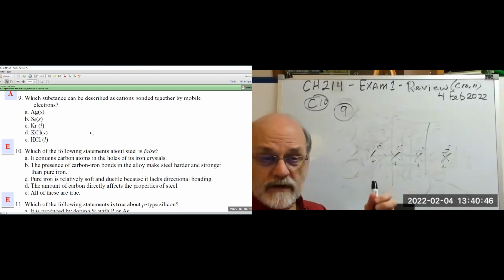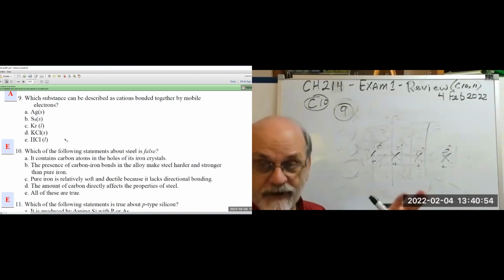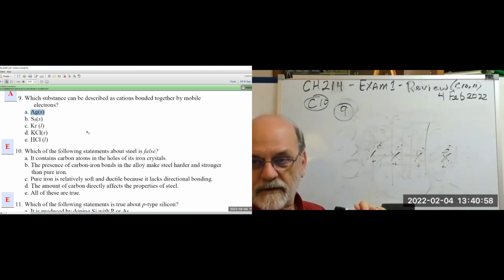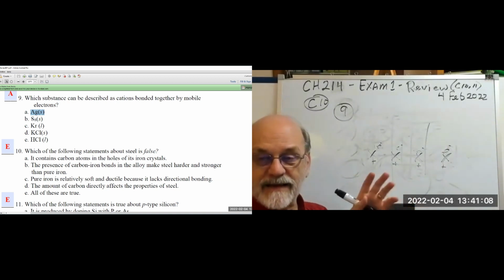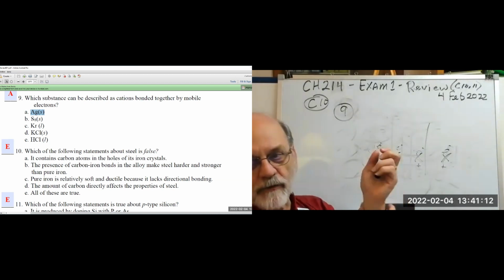So what we do to answer that question is look at our selections and see, are there any metals there? And in fact, there are. Silver would answer that question. Sulfur does not. It's not a metal. And in fact, S8 is a covalently bound allotrope of sulfur.